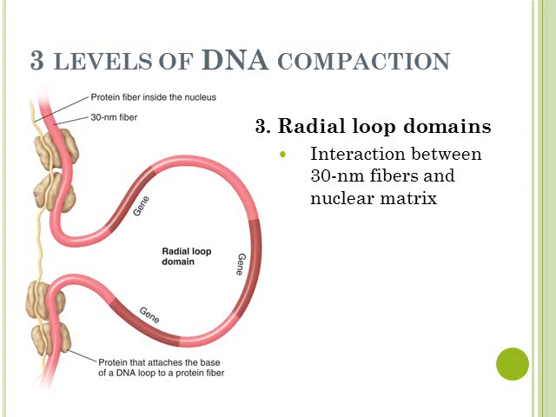So now the pink molecule is a 30 nanometer fiber. This 30 nanometer fiber interacts with the nuclear matrix, which is proteins inside of the nucleus that help to organize all of the DNA and chromosomes. So we get these radial loop domains that form, and they're attached to proteins inside of that nucleus that make up the nuclear matrix.